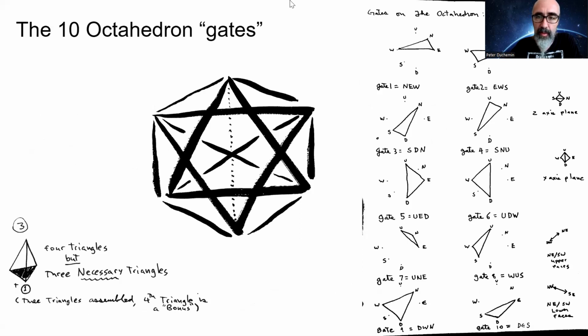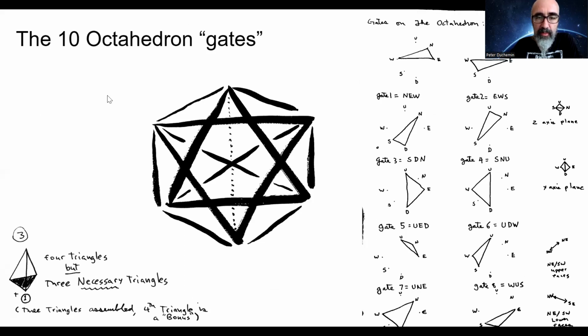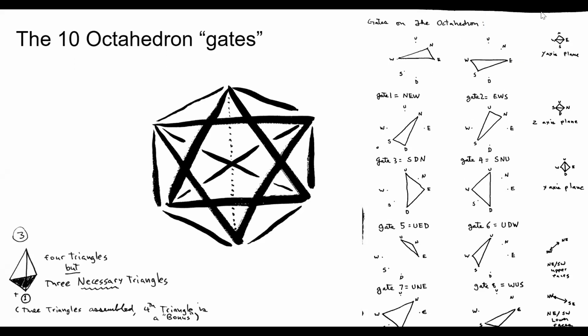And here's what all the slices look like. These are the octahedral gates, the 10 octahedral gates. So I'm going to turn this picture off here. Gates of the octahedron. This diagram here in the middle is a picture of the graph.